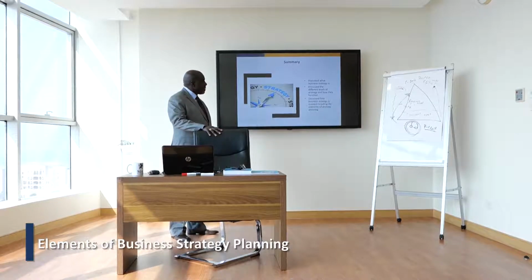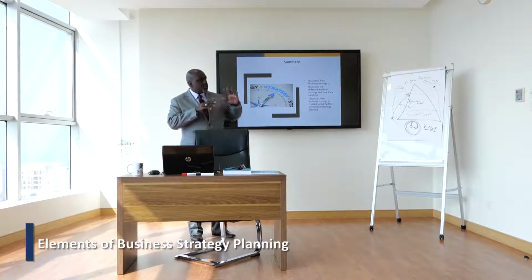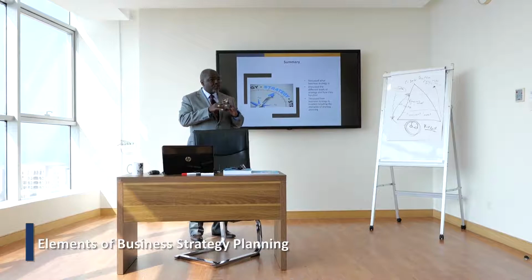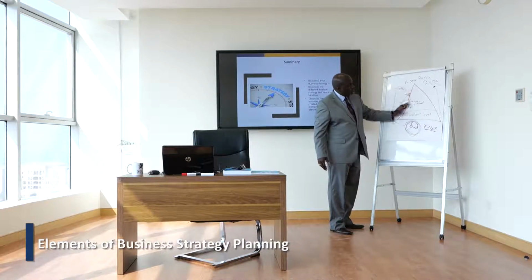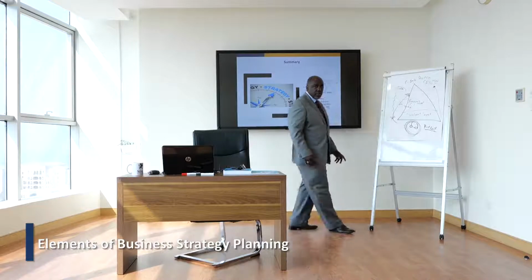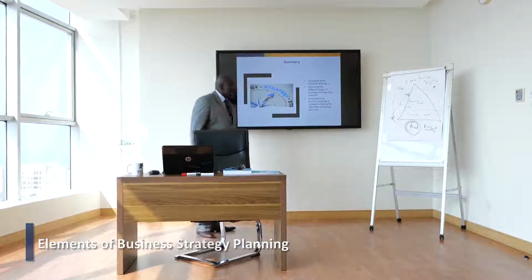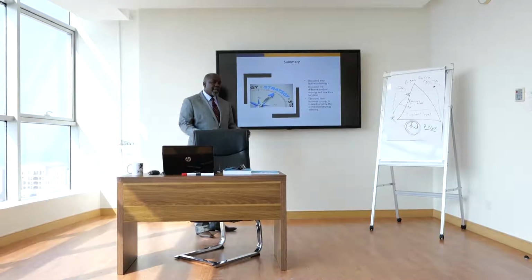So again, the organizational strategy is overall, but the business strategy is sort of a sub-strategy that's going to help the overall organization reach its overall objectives. So with that, that covers module number 3, and now we are headed to module number 4.